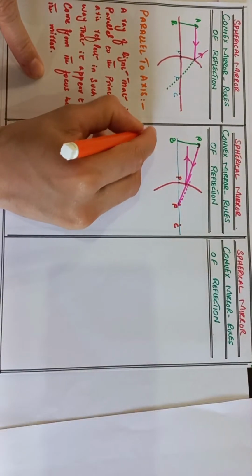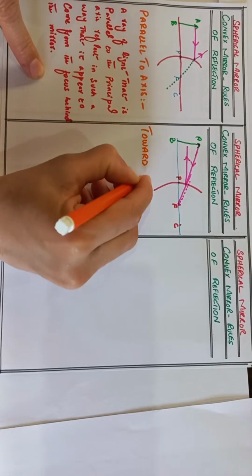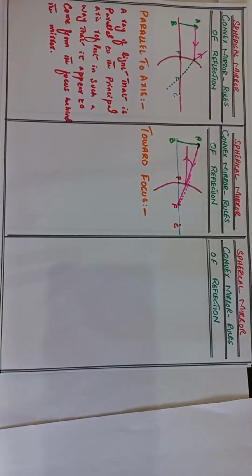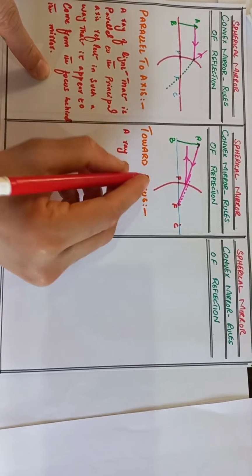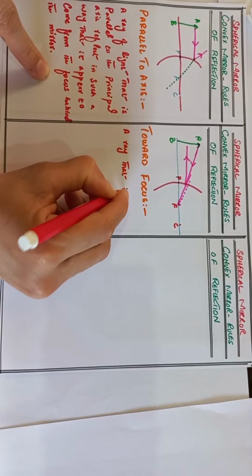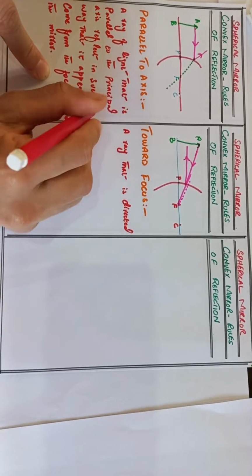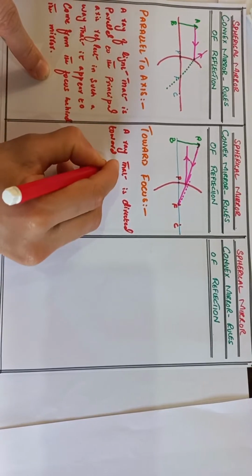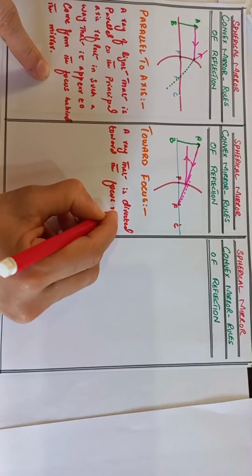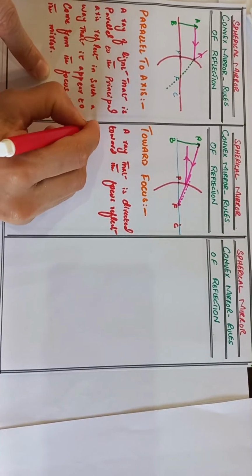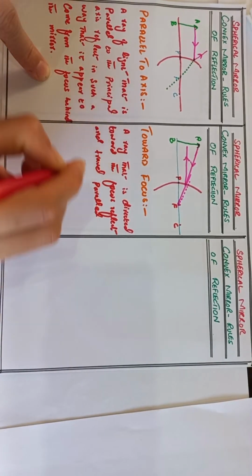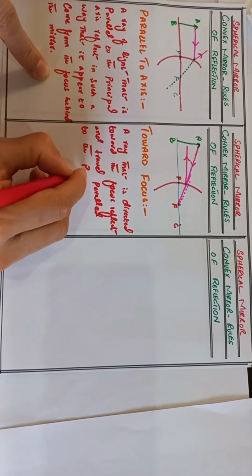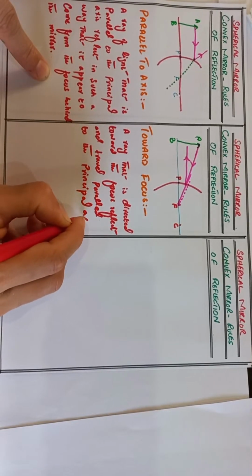A ray that is directed toward the focus reflects and travels parallel to the principal axis.